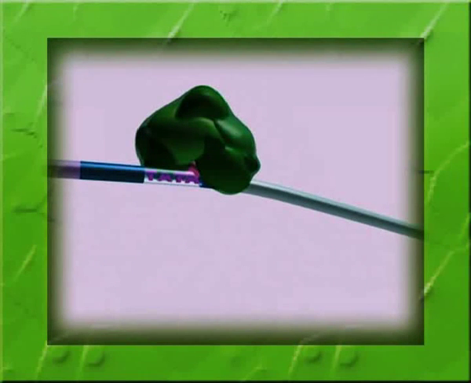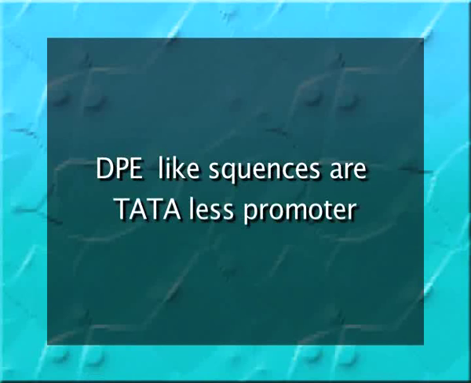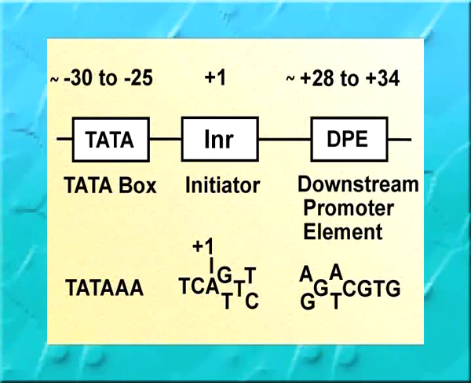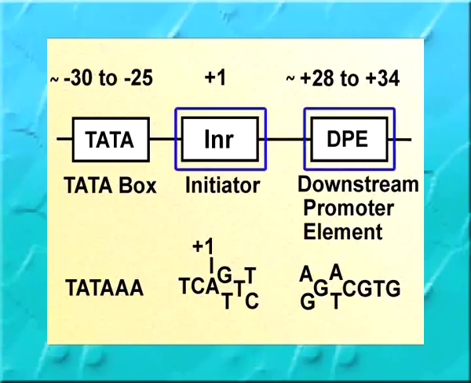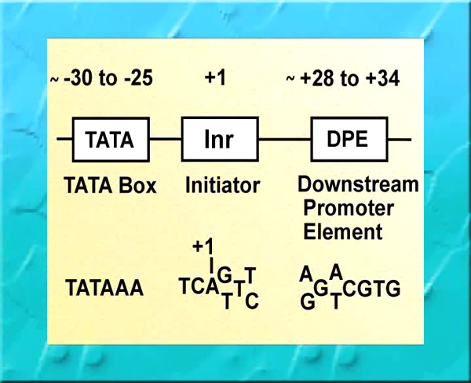In addition, nearly all the promoters that have been found to contain DPE-like sequences are TATA-less promoters. Mutational analysis of the initiator and DPE motifs revealed that the DPE acts in conjunction with the initiator to provide a binding site for transcription factor 2D in the absence of a TATA box.